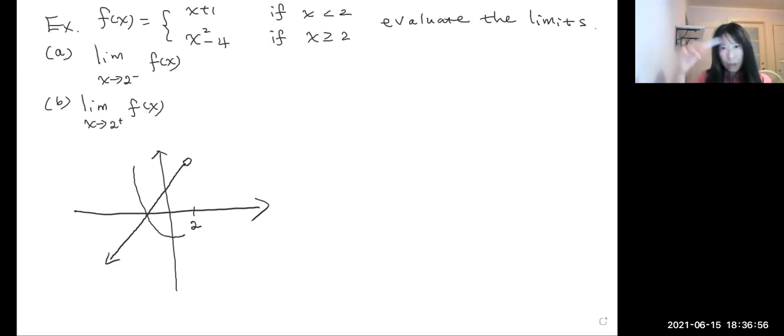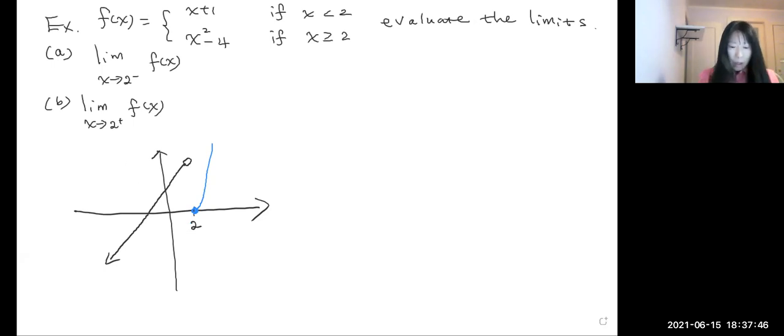So a parabola like this. Okay, and then I'm going to erase the black part because x is greater or equal to 2, so the x less than 2 part, I'm going to erase, right?